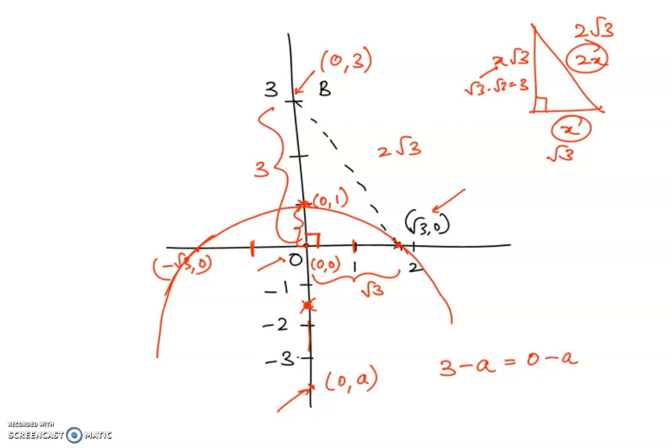No, actually, I'm getting confused. It would be 3 minus a, and the condition we need is that we need this distance to be twice that. So that means 3 minus a is minus 2a, or a is minus 3.